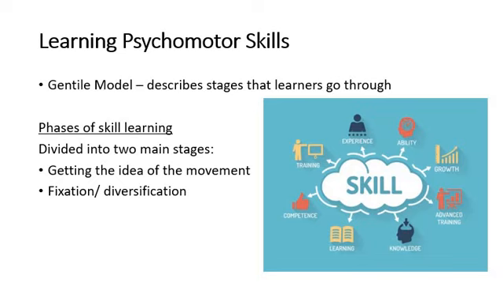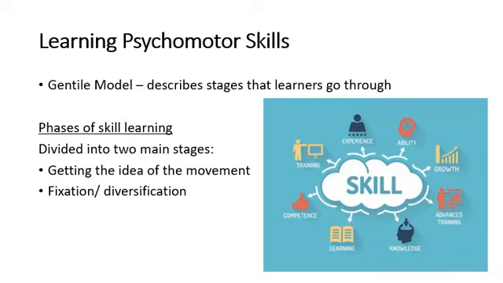Gentile divided this into two main stages, which are getting the idea of the movement, and the other one would be fixation and diversification. Within these two main phases or stages, there are several cognitive and behavioral patterns. Tignan natin ngayon, kung ano tong mga nilalaman ng bawat isang stage.